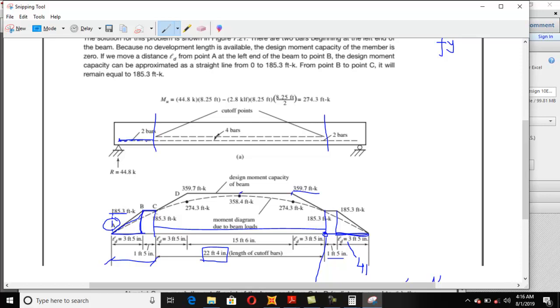Clear? Now from there you can't go straight. You need to jump above. Basically you need to go up from this dotted line. Clear?